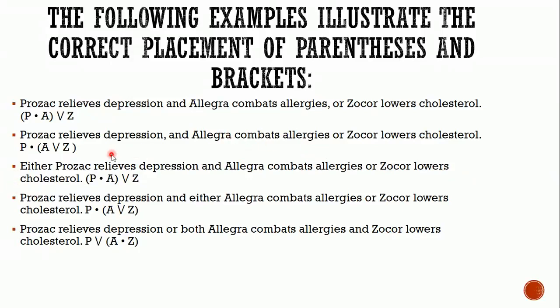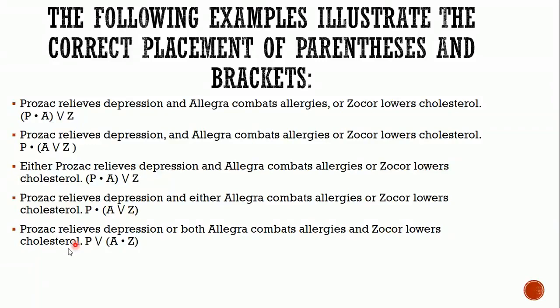So you look at this, boom, you have an either or. So this is going to be the main operator. Prozac relieves depression, Allegra combats allergies. Got that main operator here? Prozac relieves depression, and either Allegra combats allergies or Zocor lowers cholesterol. P and either A or Z.